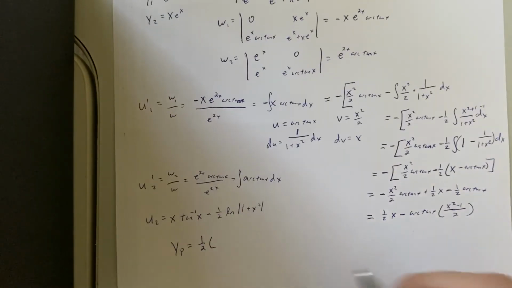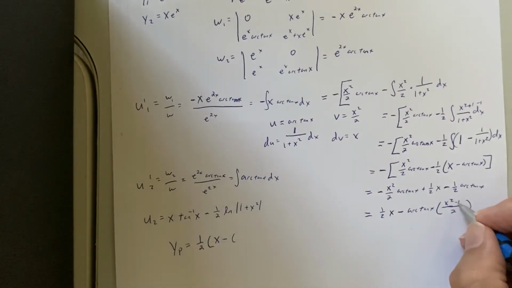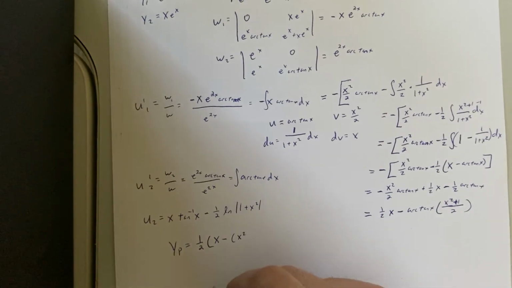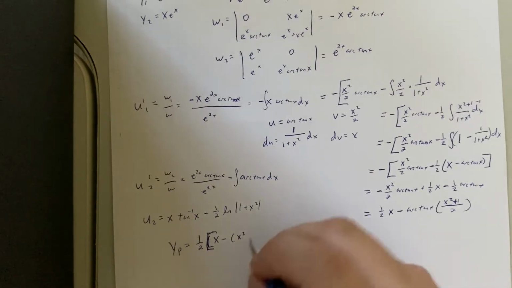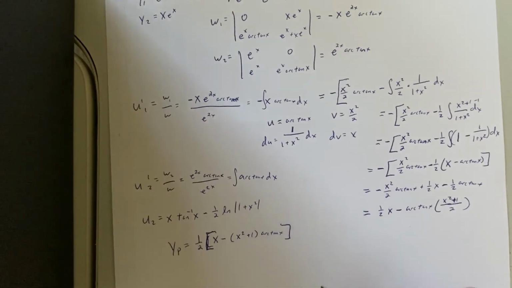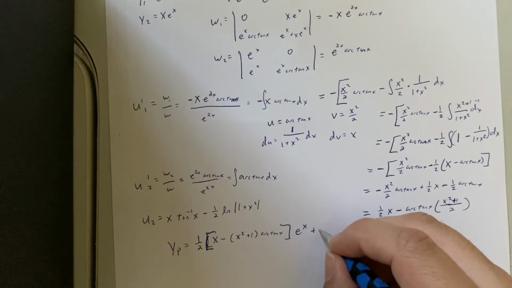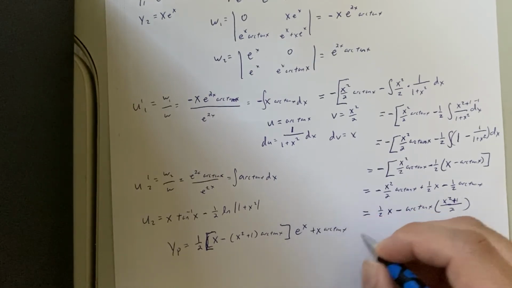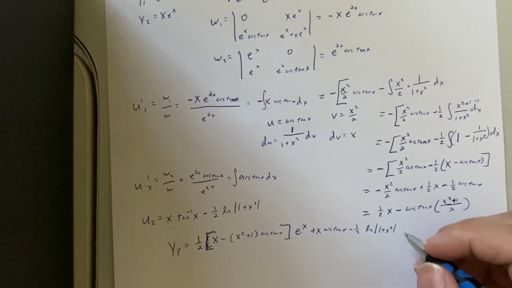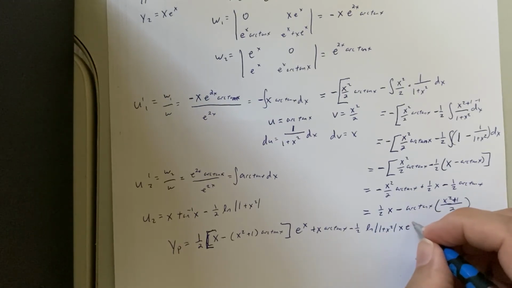So 1/2 times x minus, and that should be a plus 1, x squared plus 1 arc tangent x times my y sub 1, which is e to the x, plus my u sub 2, which is going to be x arc tangent x minus 1/2 natural log of 1 plus x squared, times my y sub 2, which is just x e to the 2x.